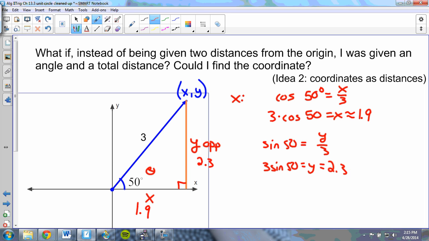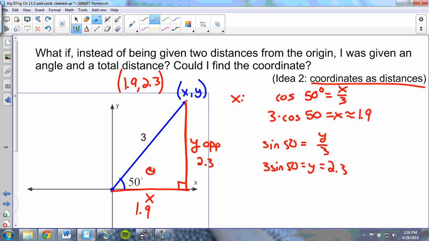So this xy coordinate I have up here is really the point 1.9, 2.3. Because this distance is the same as the x coordinate, and this distance is the same as the y coordinate, because coordinates are just distances.